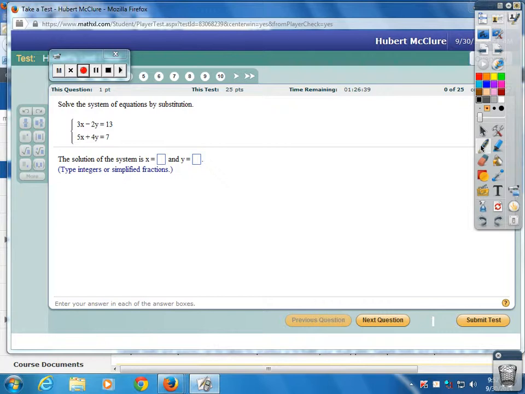I'm going to ask Ms. Callahan, which one are you solving for? 5x. All right, she solved for 5x. 5x plus 4y is equal to 7. 5x is equal to 7 minus 4y.